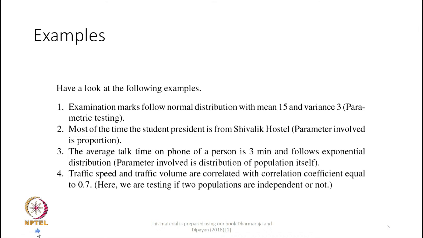So, all these things are possible with the testing of hypothesis. Basically, the statement which we make with respect to the population, that we call the hypothesis or statement, and the statement can be rejected or not rejected, that is the test.